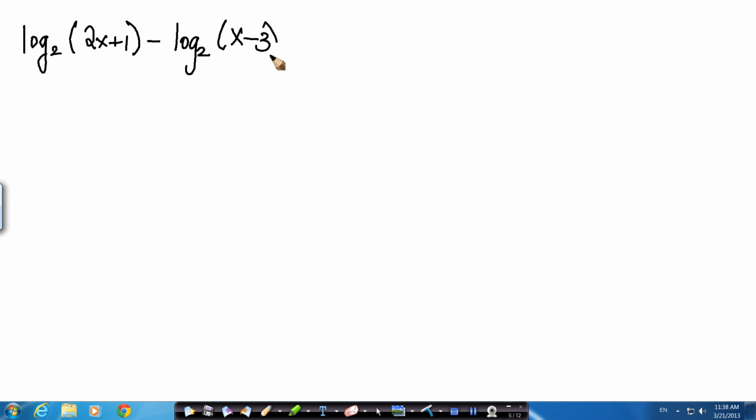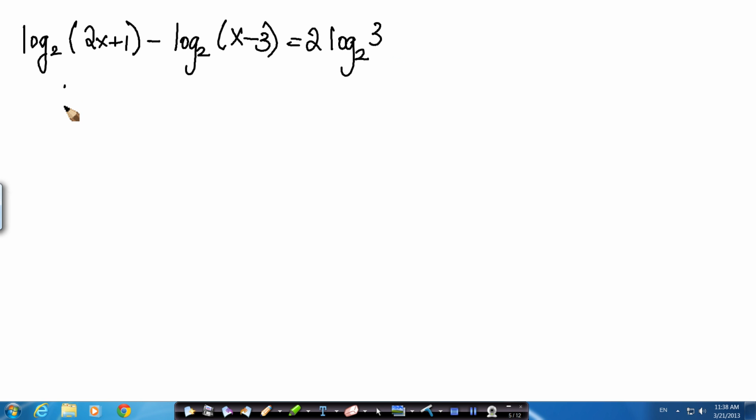So how about, let's do the log base 2 of 2x plus 1 minus the log base 2 of x minus 3 equals 2 times the log base 2 of 3. So when you start out with logs, the first rule is combine, combine, combine.